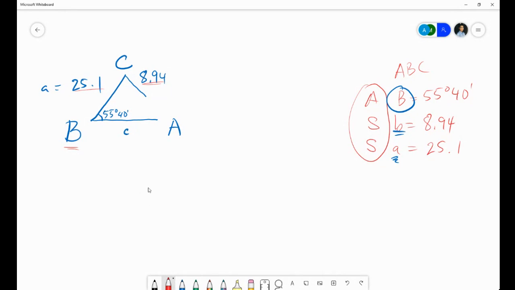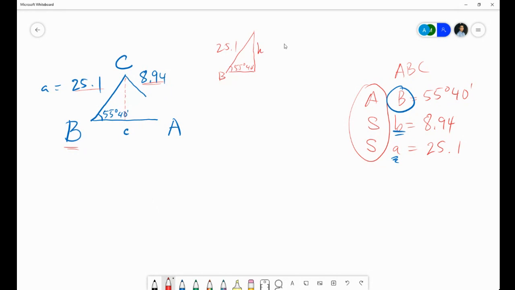All right, so now we're going to look at how to determine whether I have 0, 1, or 2 triangles. We need to find the height, because the height helps us determine this. The height is right here. So let's think of how to find it. If I draw that, you can see this is angle B, this is 25.1, and I know that this is 55 degrees 40 minutes.